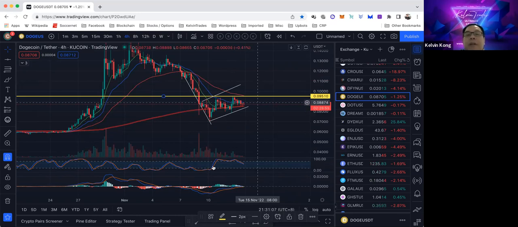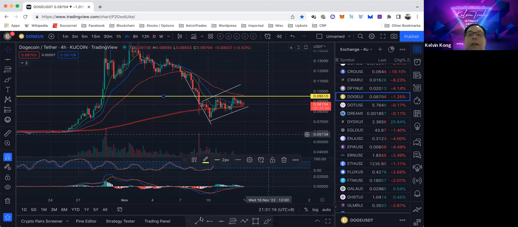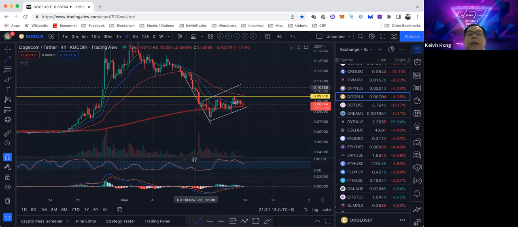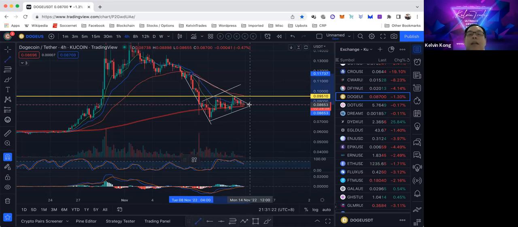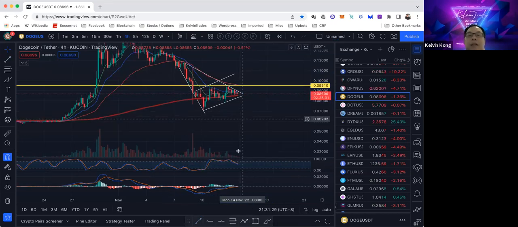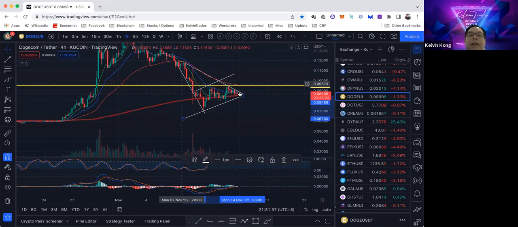This one is coming from the bottom, going from the bottom. So it could also be a triangle, something like that.